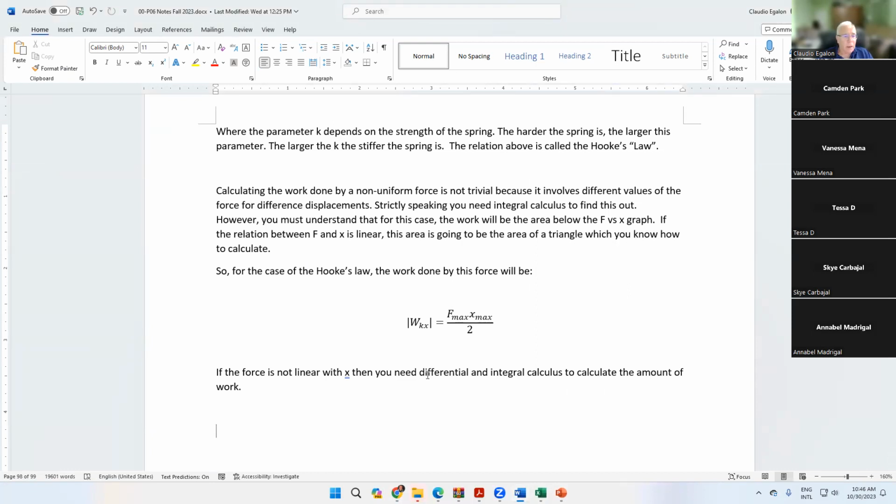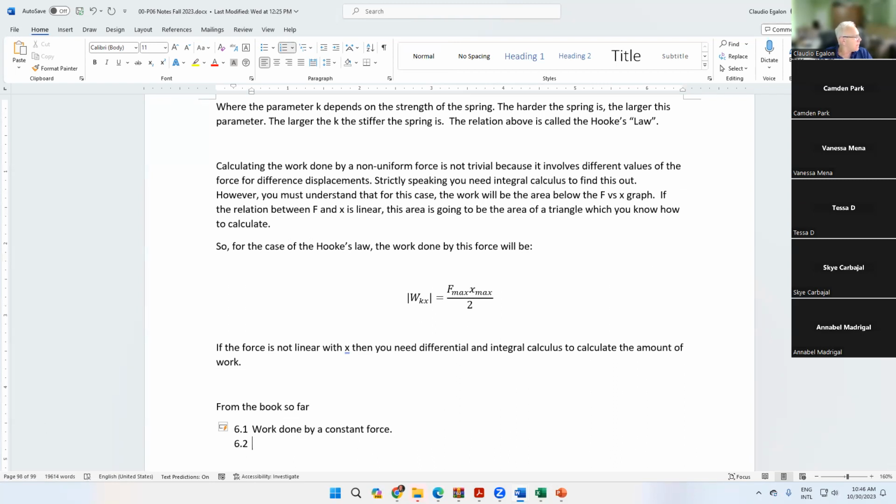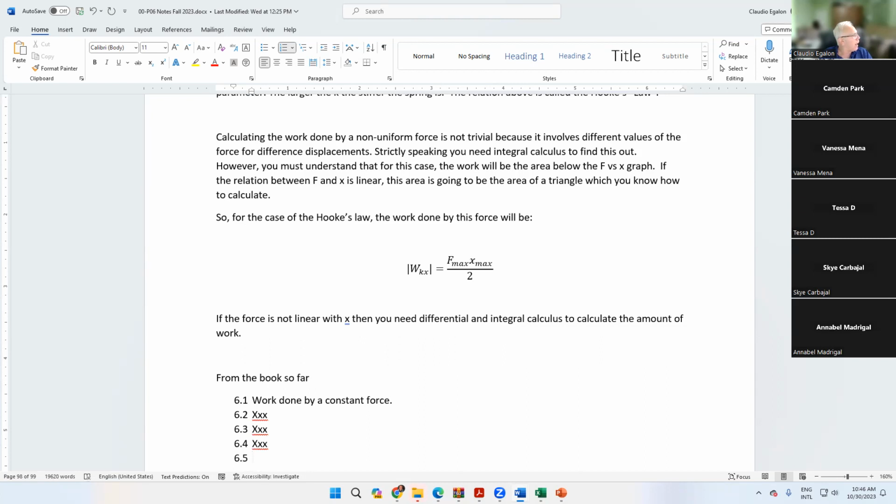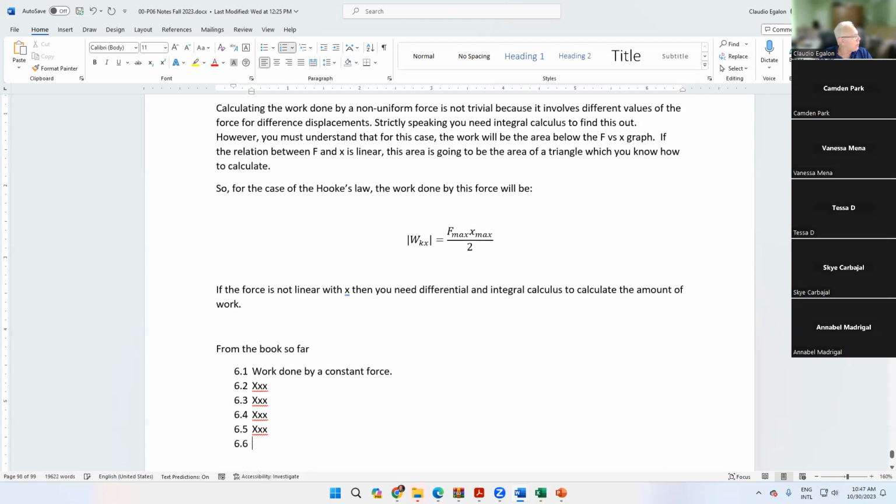Let's see what we covered so far from the book. 6.1, work done by constant force, right? 6.2, not yet. 6.3, we didn't cover yet. 6.4, we didn't cover yet. 6.5, we didn't cover yet. 6.6 is non-conservative forces, we didn't cover that yet. 6.7 is power.